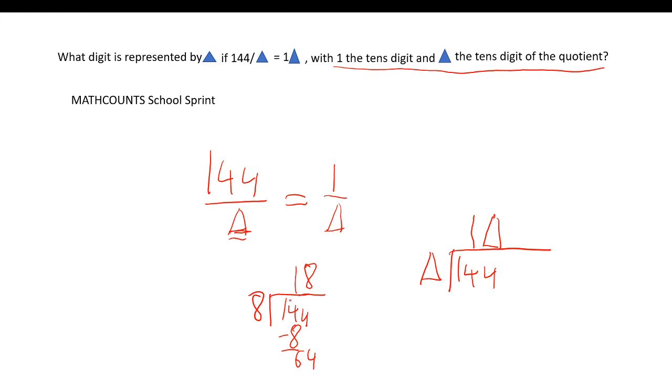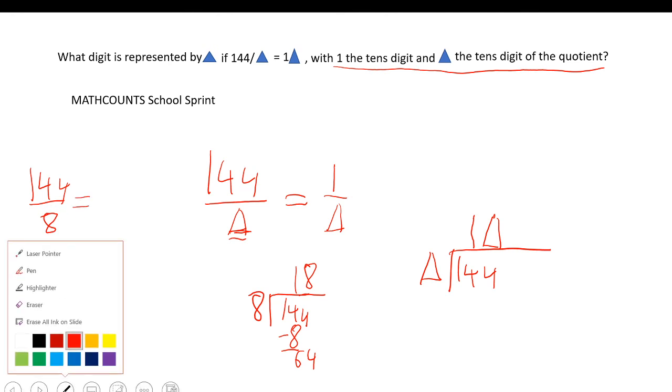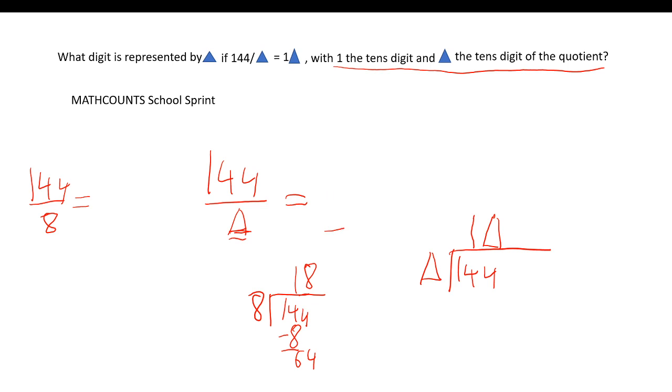Let's see if this is true. Let's plug in the value of the triangle. We have 144 divided by the triangle, which is 8 in this case, is equal to 1 over the triangle.